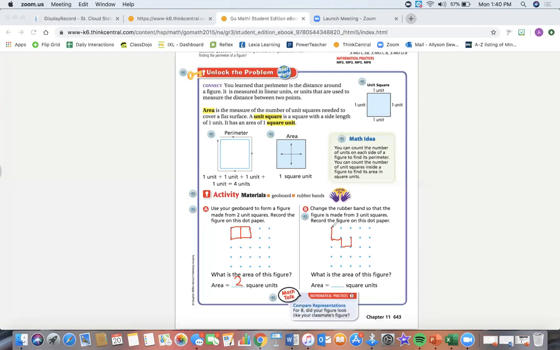This would be a lot more fun with those geoboards. And I'm sorry, but my lines are not that straight. All right, so the area is 3 square units. And it's really important that you put those square units, because that means that we are practicing area.